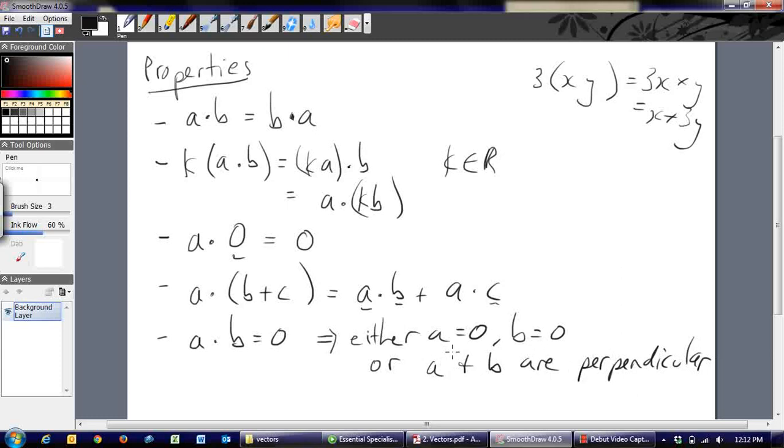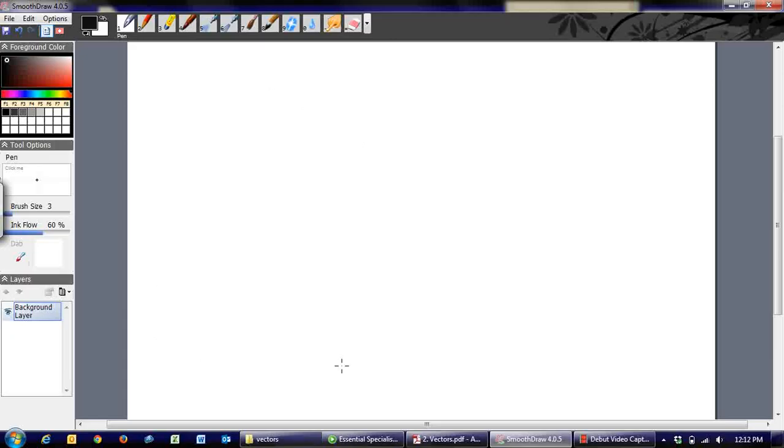If cosine theta is equal to 0, that implies theta is equal to 90 degrees. So this is the most important result here: A and B are perpendicular if A dot B is equal to 0. Generally, because usually we don't have A or B equal to 0, this is a really important result in proofs and such. So really important one to remember.